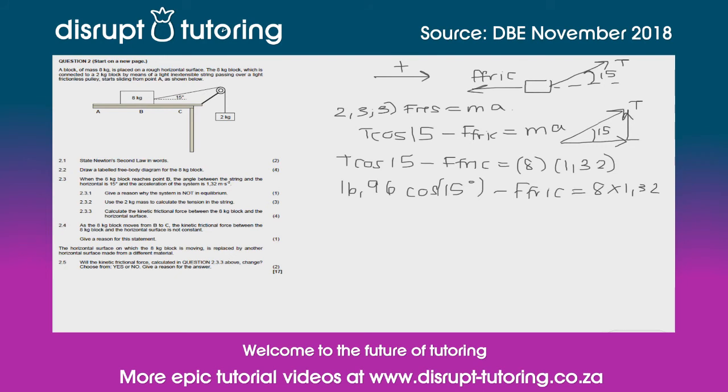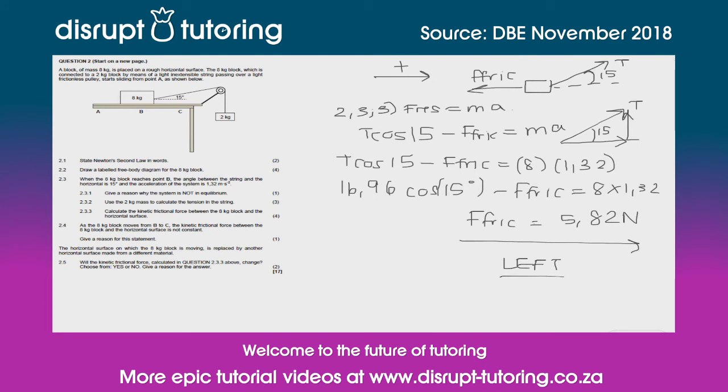And if we put that into our calculator, then we get the force of friction is positive 5.82 newtons. Because it's positive, we know that the assumed direction was correct, so we know that that is to the left.